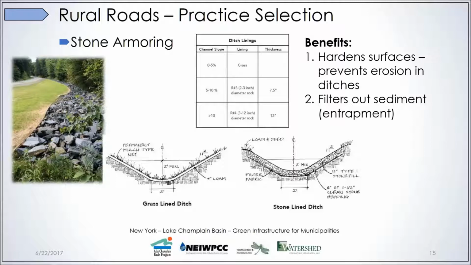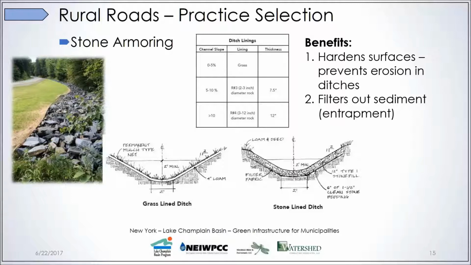It also serves as an important filter, so it filters out sediment via entrapment. Basically, the sediment gets trapped in all these little holes down through there, so it doesn't get transported. So maybe you're still transporting a lot of water, but it's at least cleaned of a lot of those larger sediment particles. So you're not transporting as much downhill.